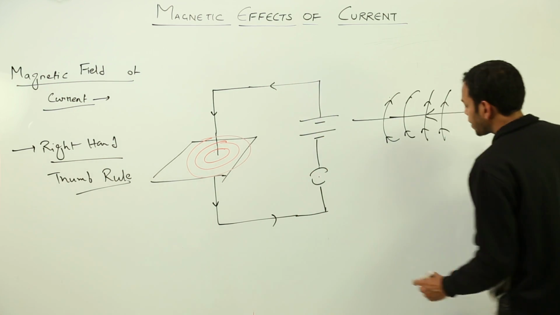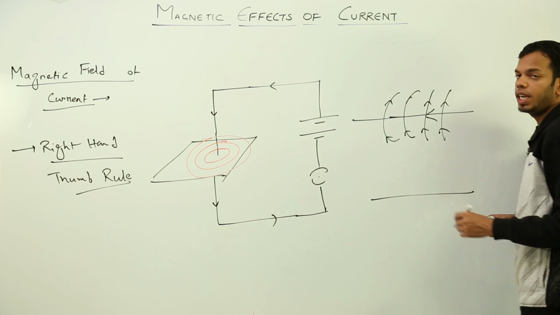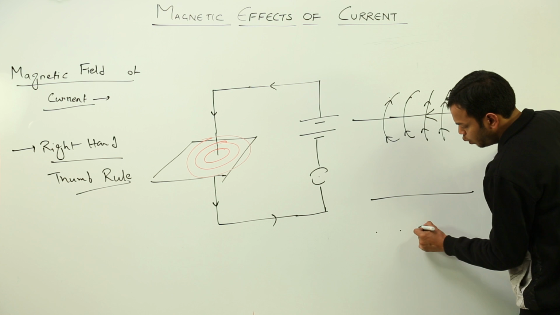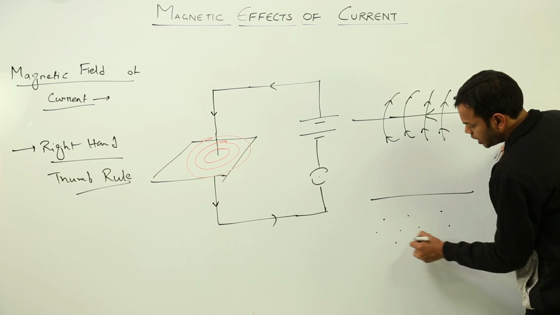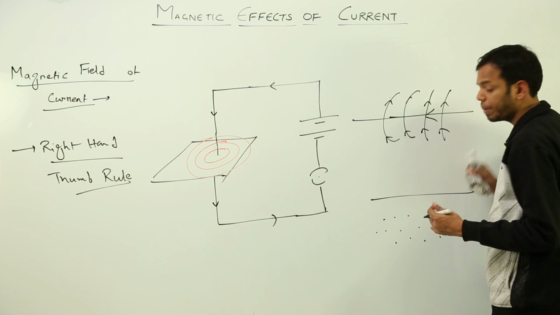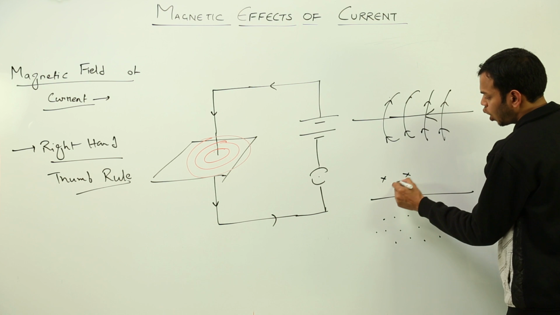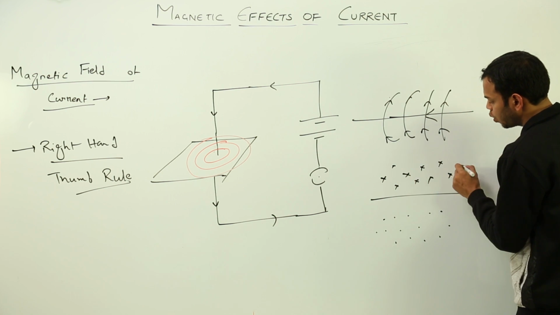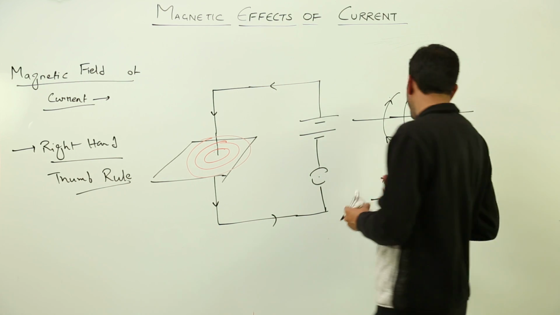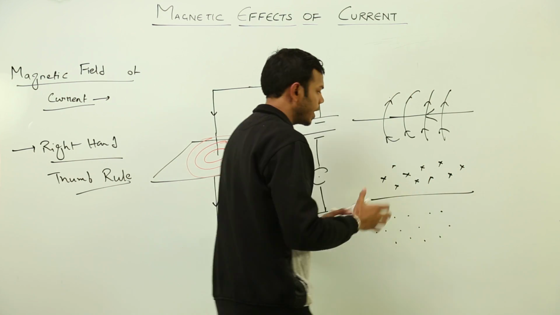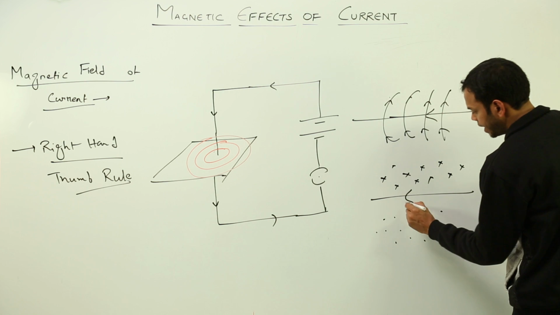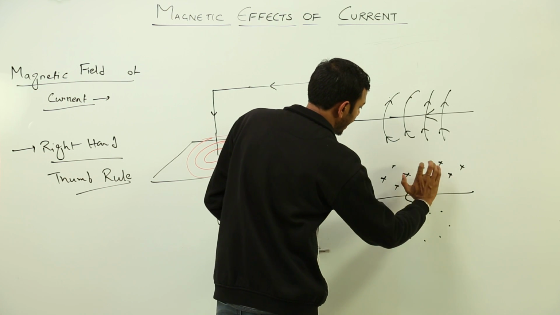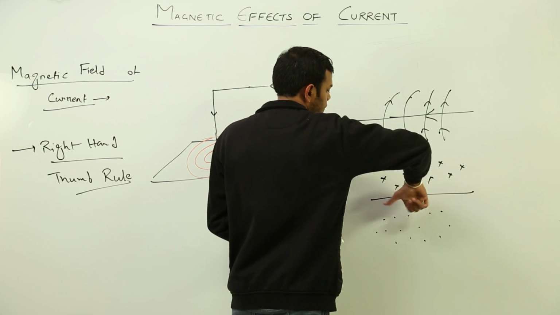Yes, there is. We simplify it with dots and crosses. We use dots at the points where magnetic lines of force are coming out, and we use crosses at the points where magnetic lines of force are going inside. Why do we do so? See, by the right hand thumb rule, the direction of current is in this. So according to the right hand thumb rule, the fingers are going inside in this region and they are coming out from this region.